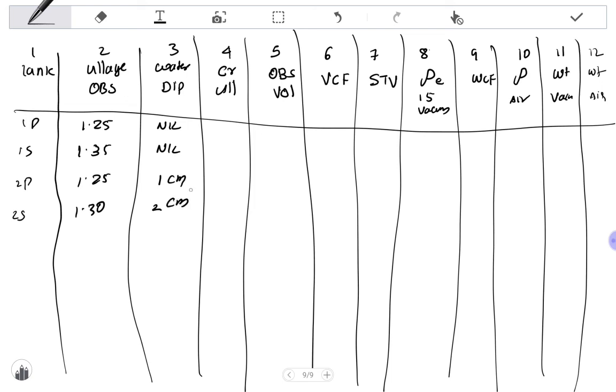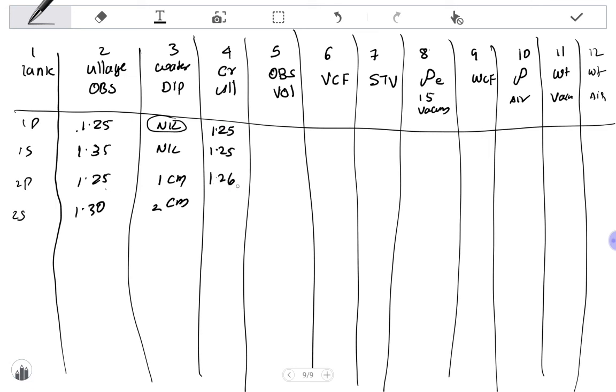Okay, now the corrected ullage. Since there is no water, this ullage will be same as corrected ullage. Now in this case there is 1 centimeter of water, so the corrected ullage is equal to 1 plus 1.25, so you will get 1.26.